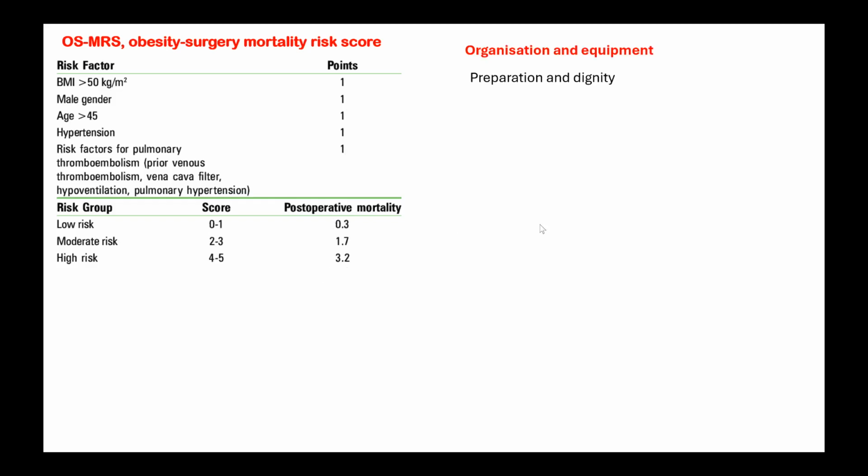And organization and equipment for this patient. The patients, especially morbid obese patients, they have to be treated with dignity, because you may not have adequate size of gowns or wheelchair and trolleys to shift them. So obese patients are mindful of social views about their size.